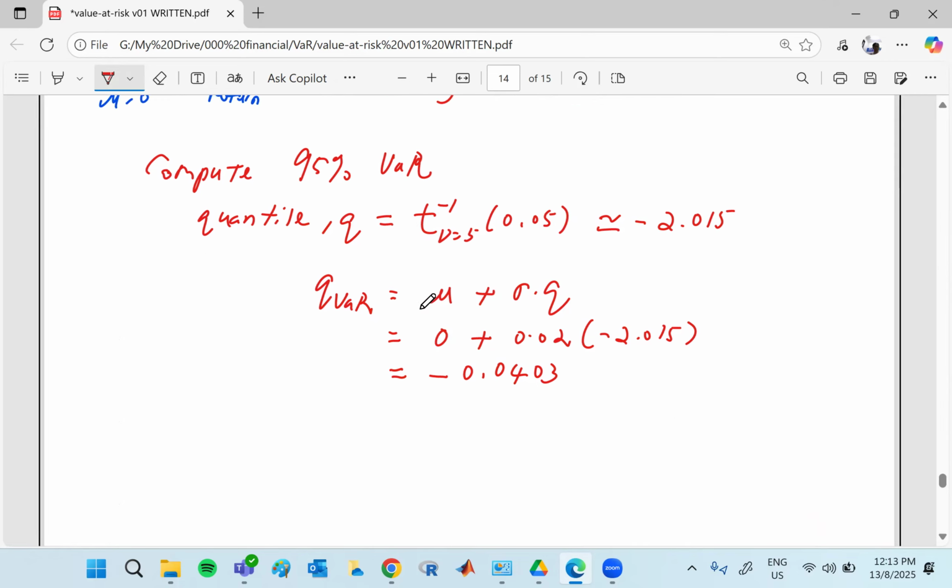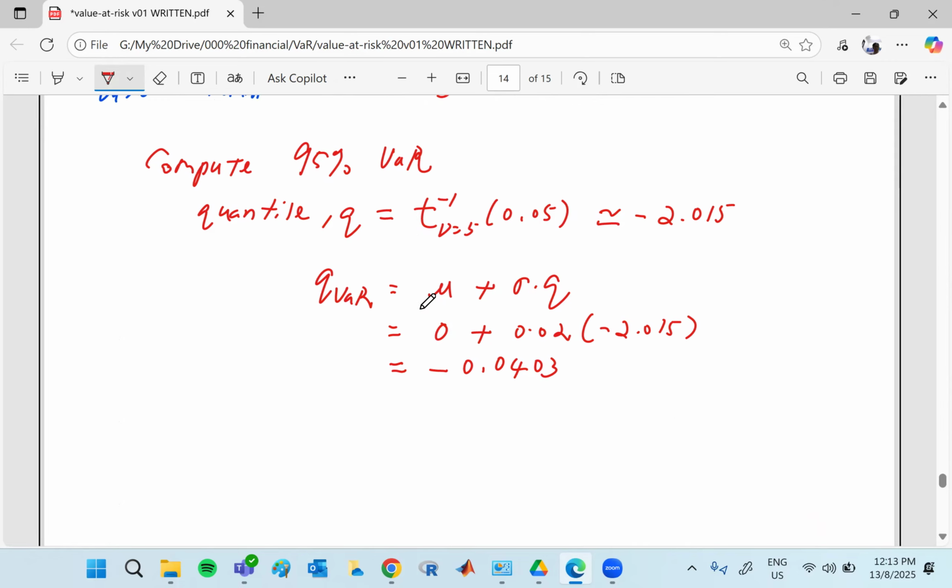So in terms of money, the VAR at 5% is minus 0.0403 times the amount of money, which is 10 million.